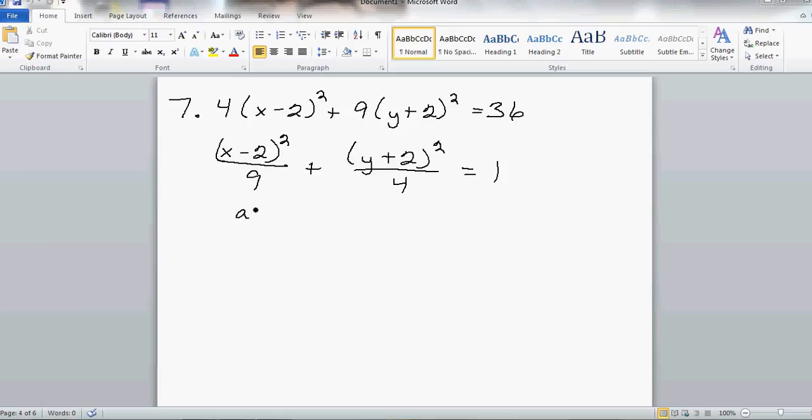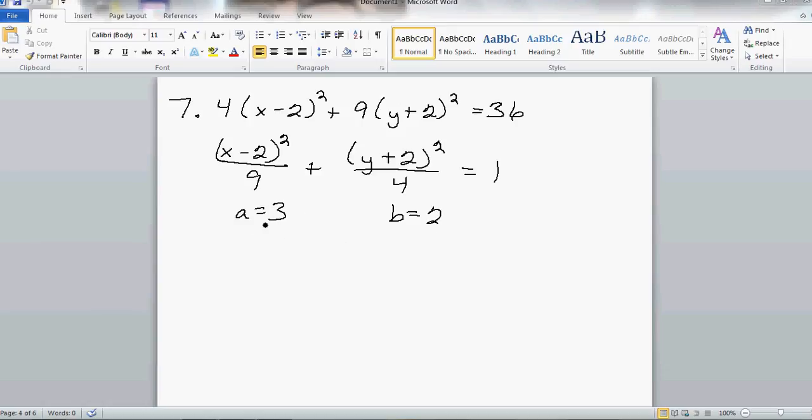So a will equal 3, because this is actually a squared. This is the big one. B is equal to 2, because this is actually b squared. That tells me quite a bit as far as how to graph it. Well actually this is all we need, because I need A to graph an ellipse.